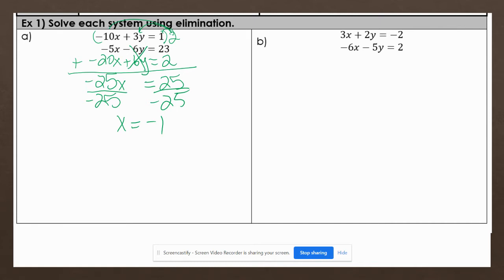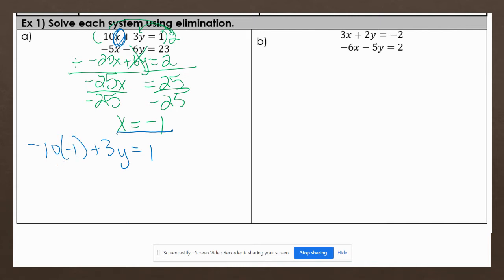Again, we can put that into either the top or the bottom equation. It does not matter, so that we can solve for y. Let's put it in the top one. Negative 10 times x plus 3y is equal to 1. And again, I changed the x to the negative 1 because that's what we found it to be.